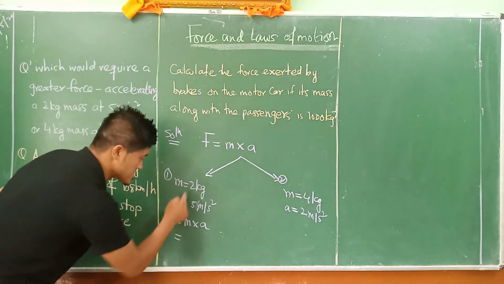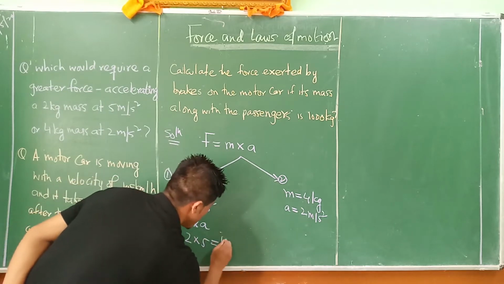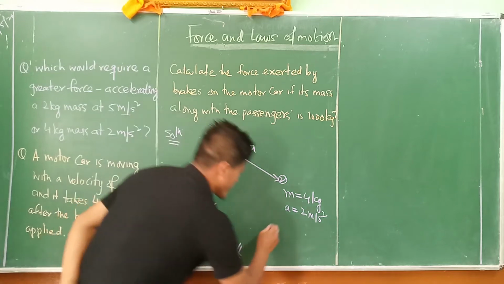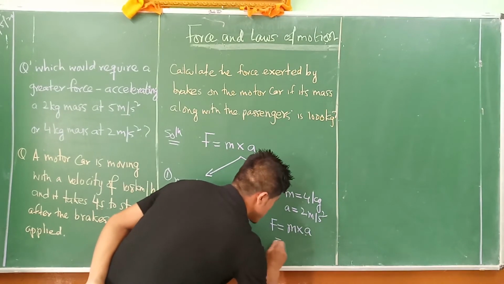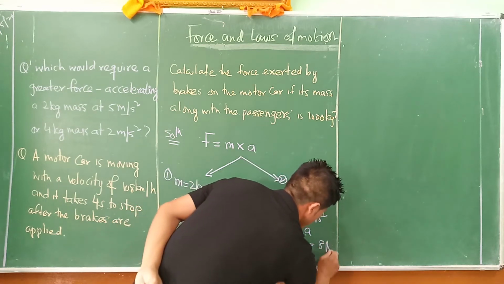Mass is 2 and acceleration is 5, which is equal to 10 Newton. That's the answer here. And for the second one, force is equal to m into a, 4 into 2 is equal to 8 Newton.